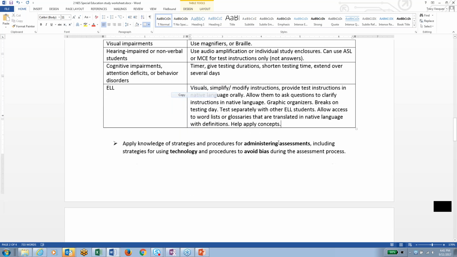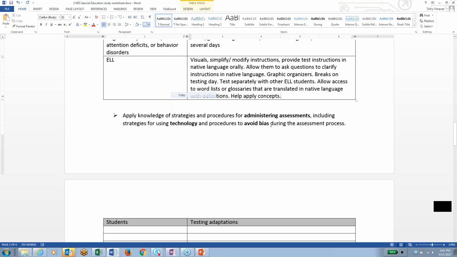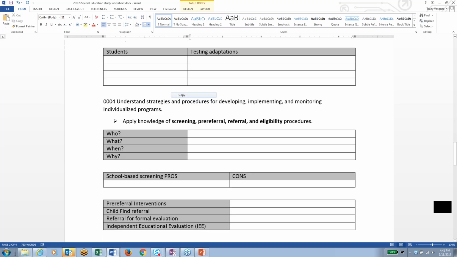It looks like that one is pretty similar to the next one here. So I'll allow you some time to complete the rest of that on your own. Let's move on to the next one.